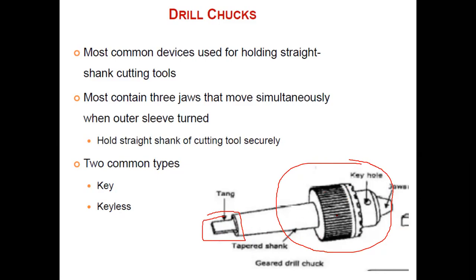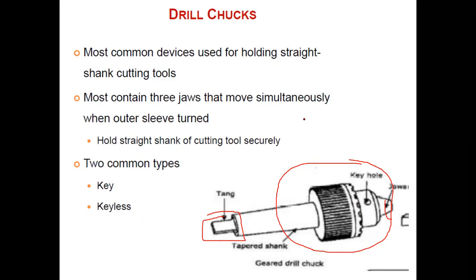In this chuck, there are two different kinds. One has a keyhole, with which it can open the jaws, and one is keyless, without any kind of key, where only by pressing and applying some force the jaws open. The most common device used for holding a straight shank cutter is the chuck. Most contain three jaws, like the chucks we have seen before. Three jaws are universal chucks, and it is very easy to hold the workpieces as well as the tools.